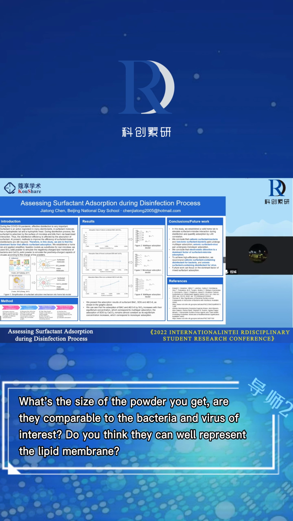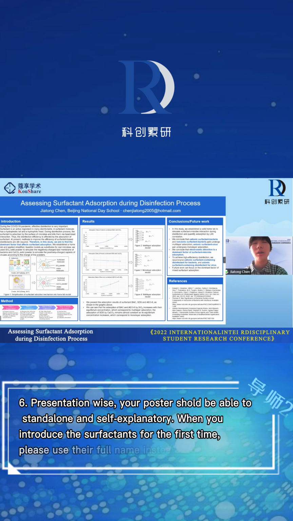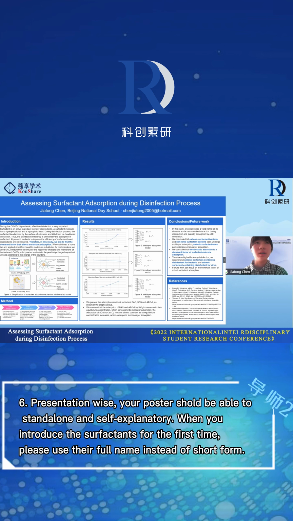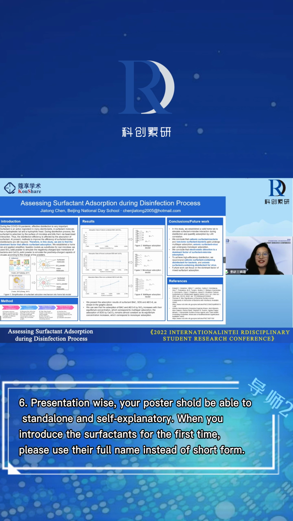So I think the biggest difference between a home lab and a school lab is that in a home lab, I have to prepare everything by myself, including purchasing the surfactant and all the instruments. Mm-hmm. And in a school lab, I can just use what's provided by the school. Right. But that's another experience as well, right? Setting up your own lab, that is super cool.